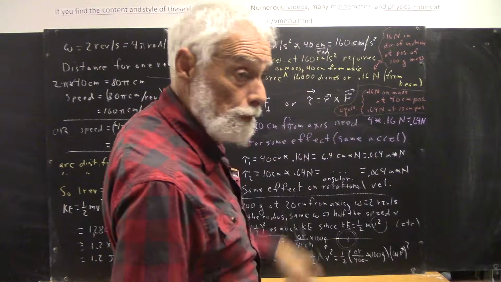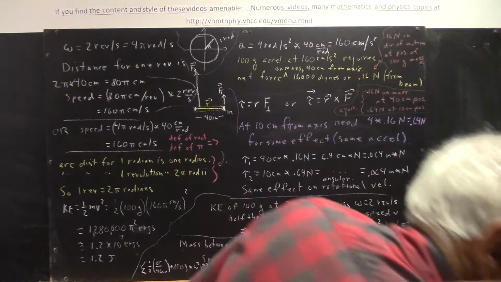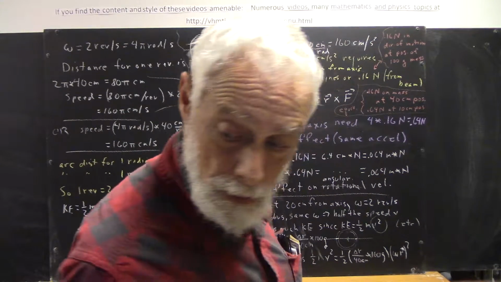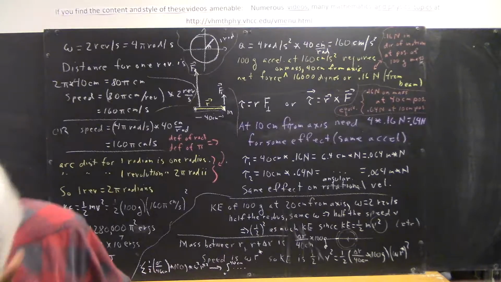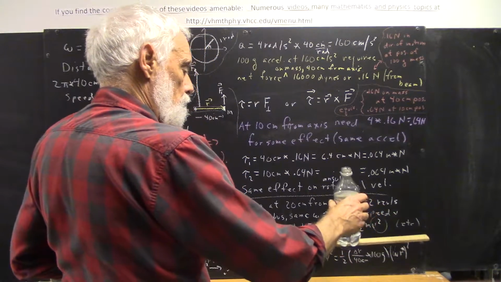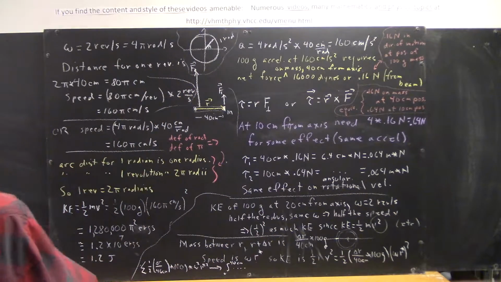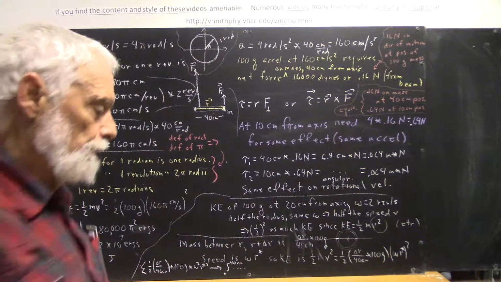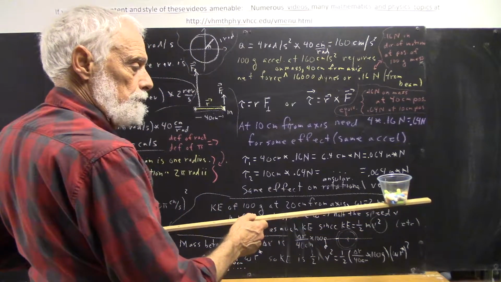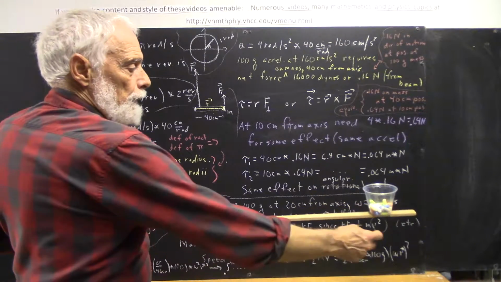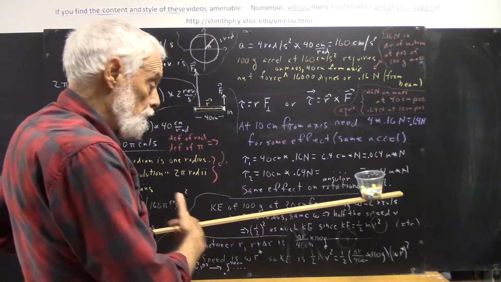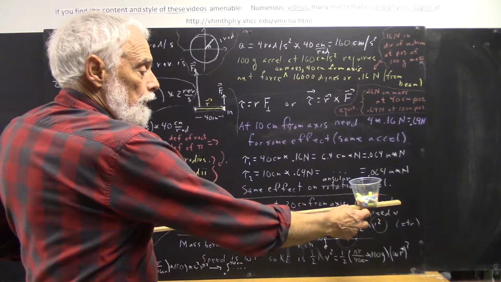Okay, just intuitively, if I want to support this tray full of chalk by exerting a force at this position, let's assume we have some kind of an axle over here behind my body, okay?